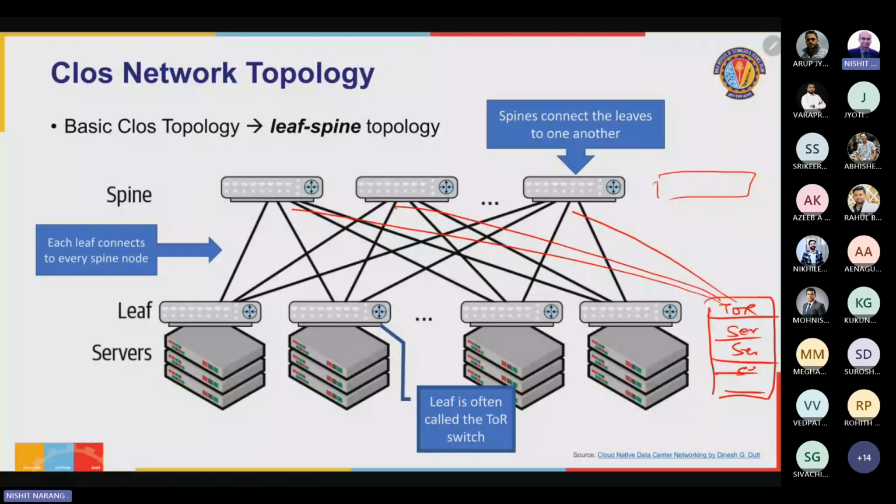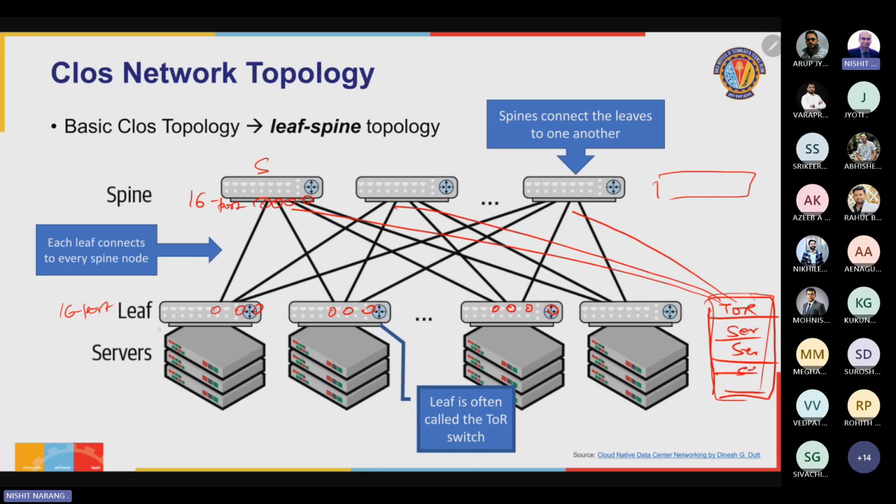So I cannot keep on adding servers and top of rack switches because let's say I've now exhausted all the ports on the spines, or maybe one of these has gotten completely exhausted. Let's say, hypothetically speaking, it was a 16 port switch. Okay. And we're saying they're all of the same type. So leaf will also be a 16 port switch.